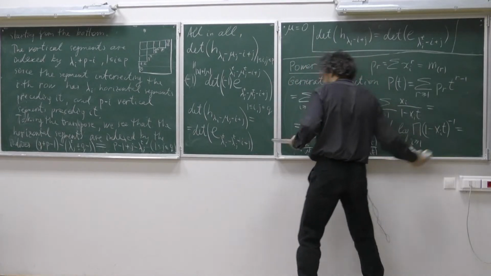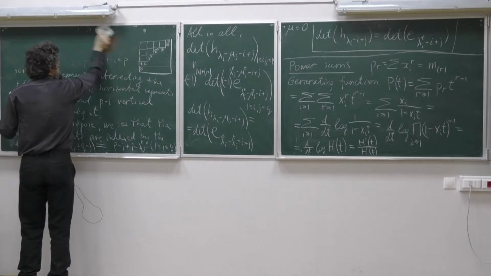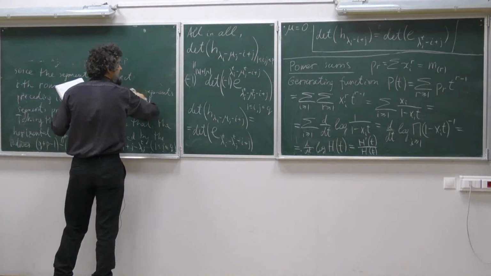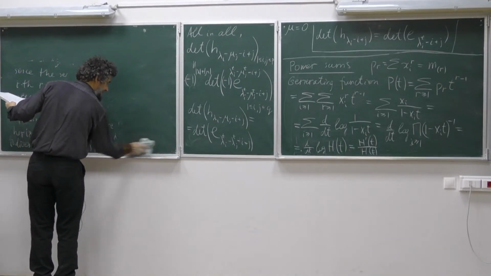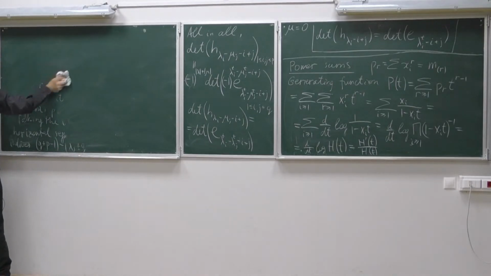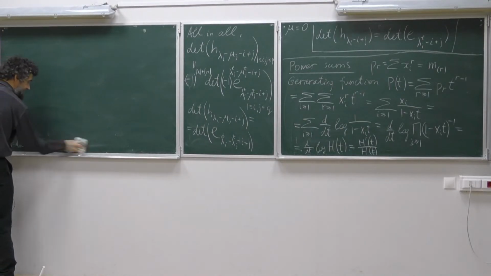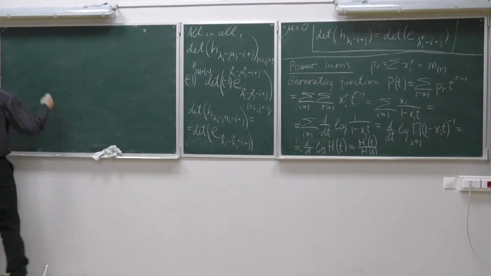And similarly, you can relate it to the generating function of elementary symmetric functions. And this way, you can express both e and h via p, and conversely.